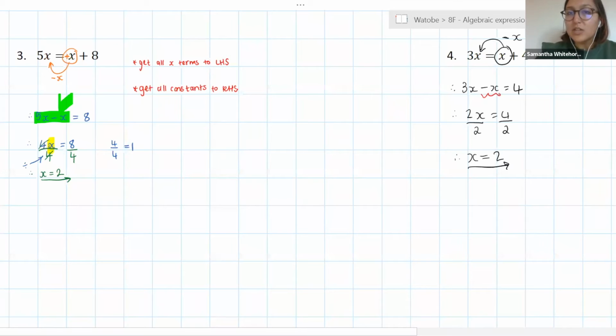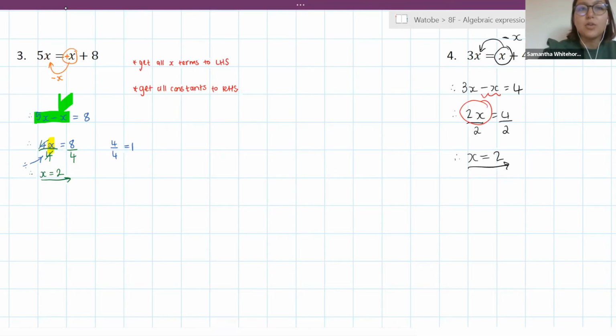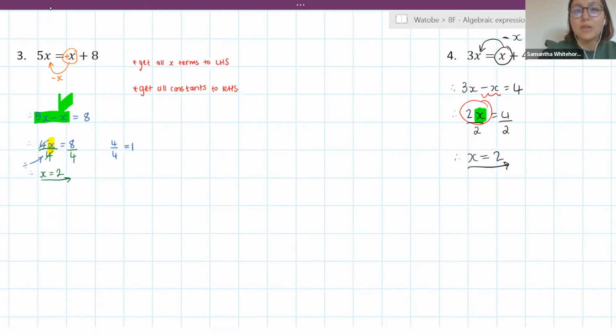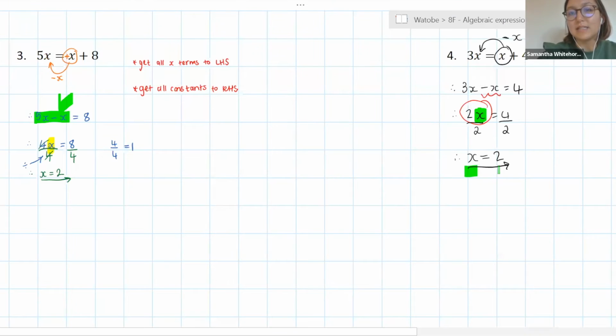We then have like terms: 3x minus x gives me this 2x over here. And then remember, the goal is to solve for x. So I'm trying to get this x alone, which means that I need to divide both sides by 2 in order to get that x is equal to 2. Well done. Really, really nice.